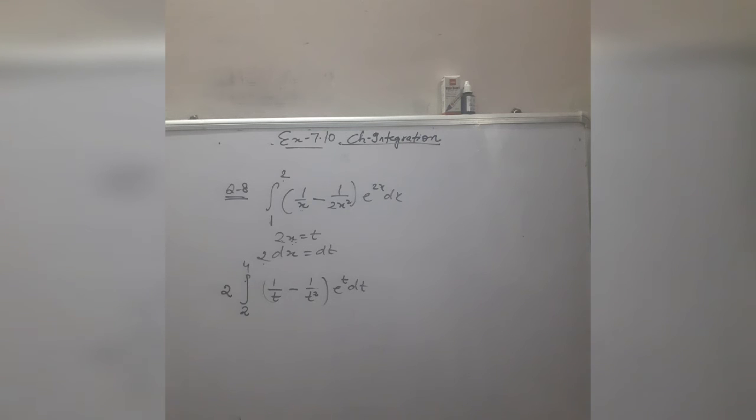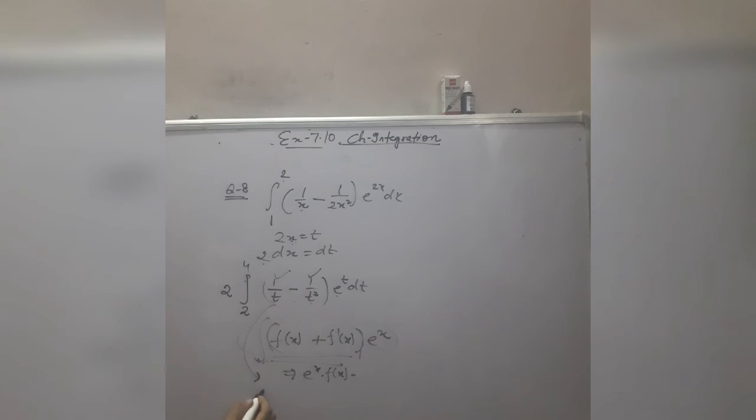And now all of you have done this form. If f(x) and f dash x, meaning the derivative of f(x), are there, and multiplied by e raised to power x is given to you, then the integration of this type of form will be e raised to power x into f(x). So here also this is the f(x) function, this 1 by t is its derivative, meaning f(x) plus f dash x, and outside this e raised to power t is given to you.